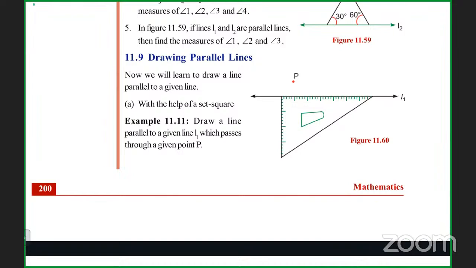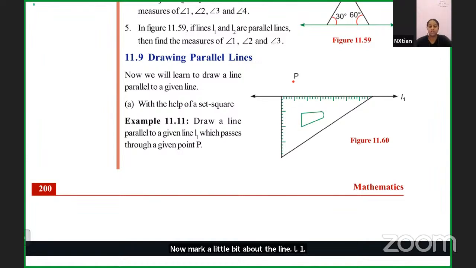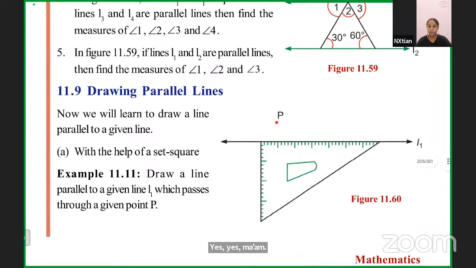Now mark a point a little bit above the line L1, a bit to the left. You can see the diagram and mark point P. Ma'am, should I draw any line, any measure?